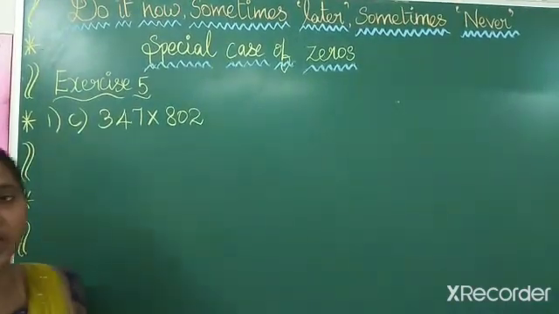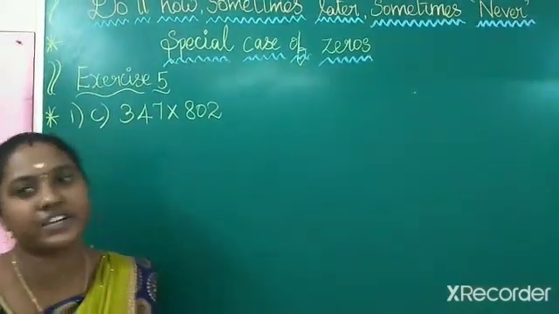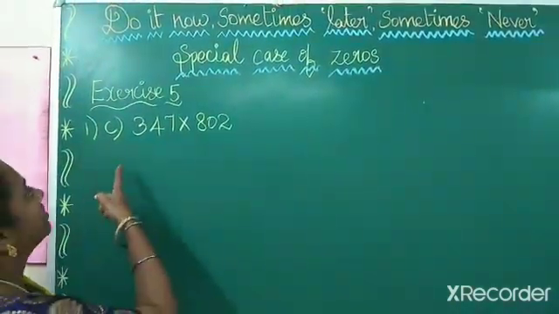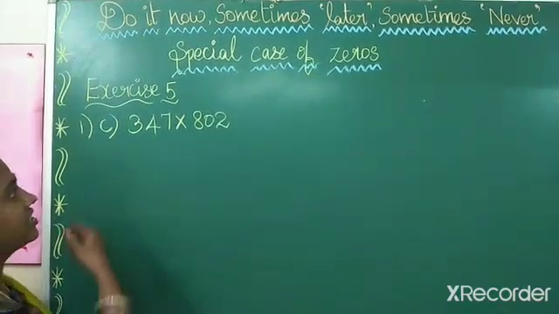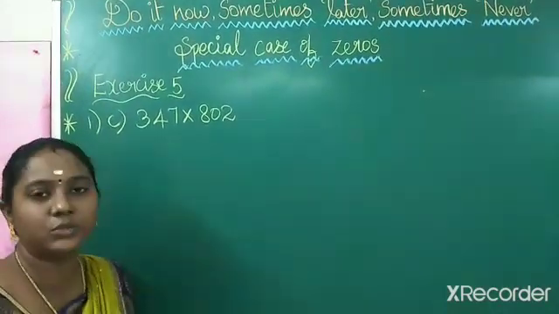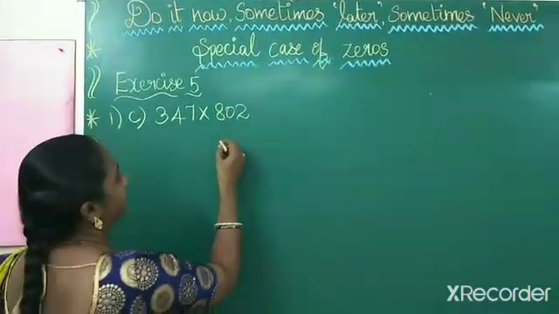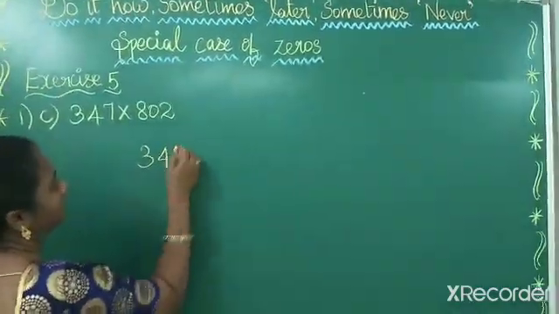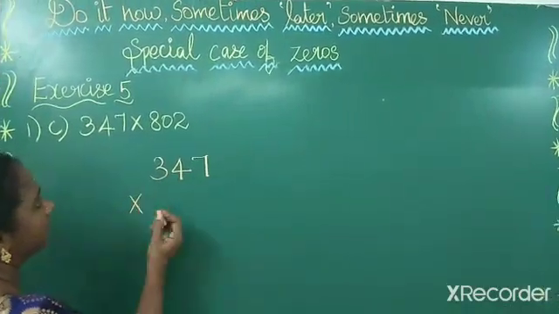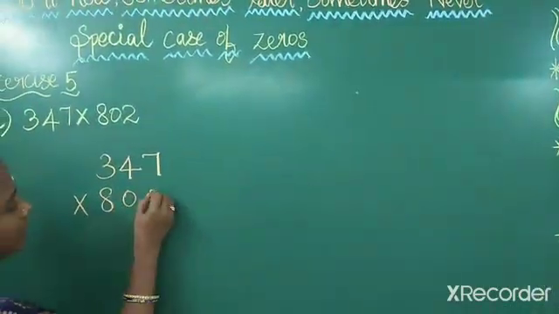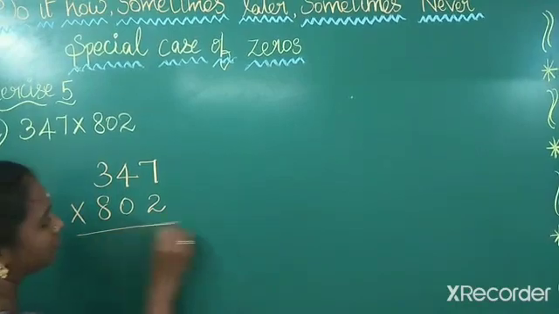So today we are going to see special cases of 0. Exercise 5. The question is 347 into 802. So how to do this? 347 into 802.